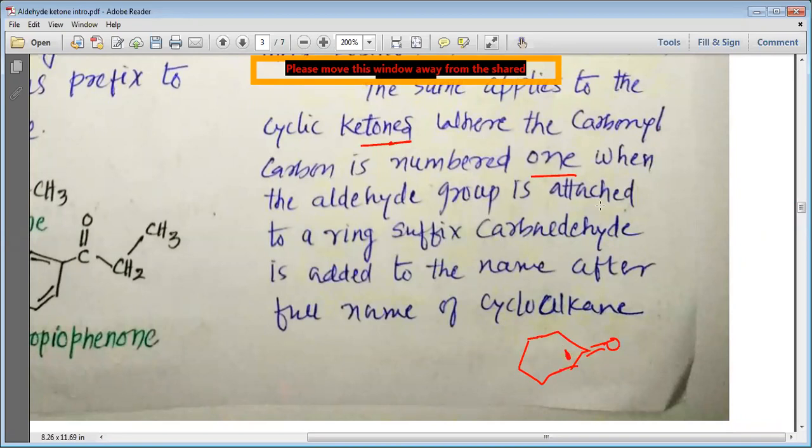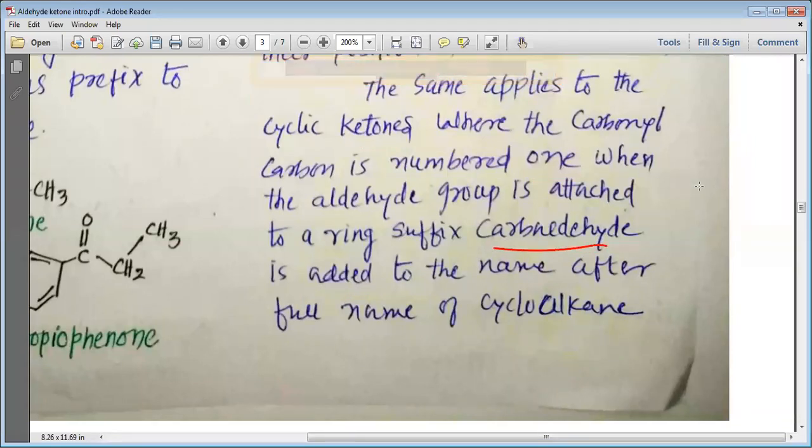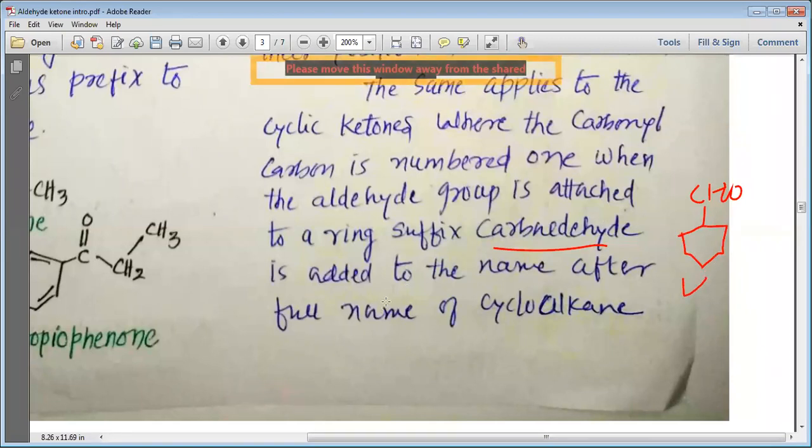When the aldehyde group is attached to a ring, the suffix carbaldehyde is added. Please remember that when we have the CHO group bonded to any cyclic ring, the suffix carbaldehyde is generally added to the name after the full name of the cycloalkane.